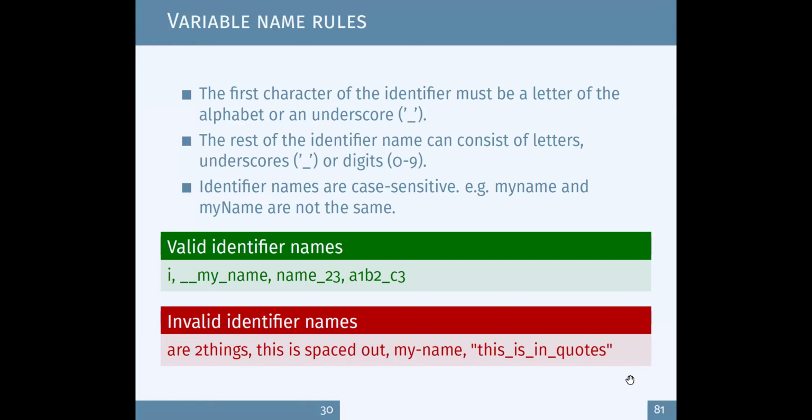Let's look at some invalid ones as well. So for example, what is the problem with the first one? Any guesses? This variable name. What is the problem? What rules are we violating here? Okay, Ruchira said there's a space.